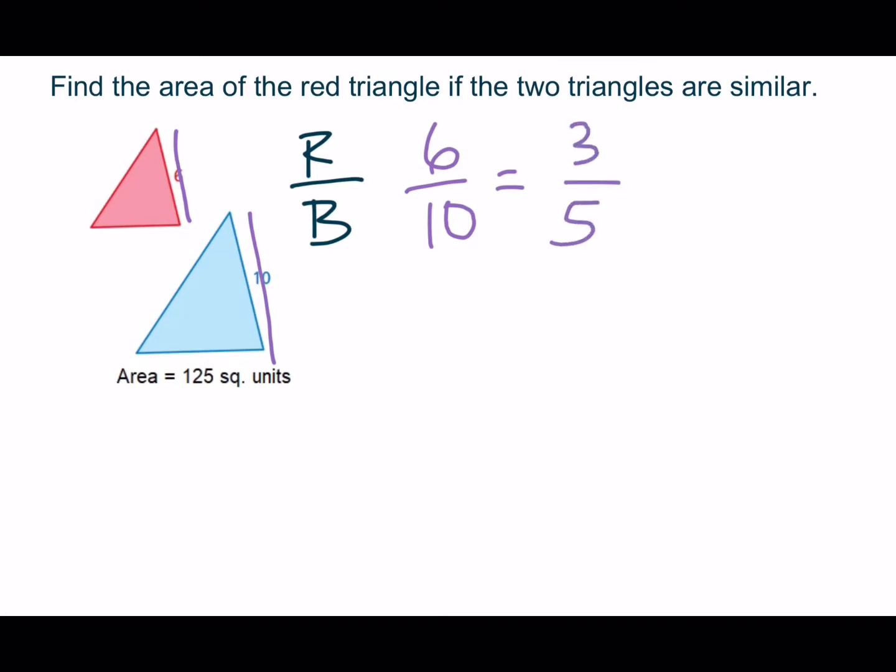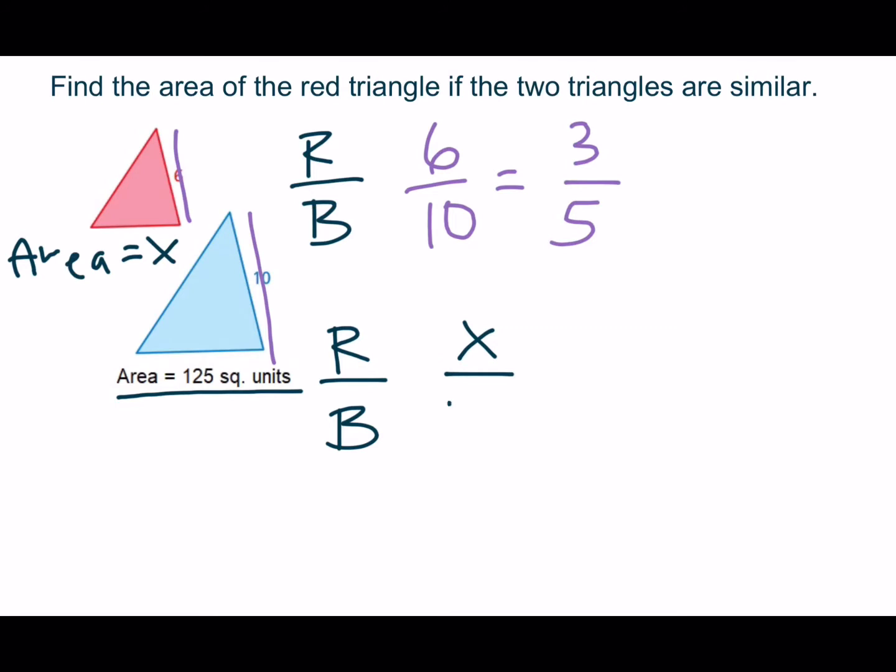So now we want to find the area of the red triangle, which we don't know, so we will just call it x for now, but we are given the area of the blue triangle, which is 125 square units. Let's start by setting up the ratio. Again, R, red, to B, blue, of the areas is going to be x, which we don't know for red, but 125 for blue.